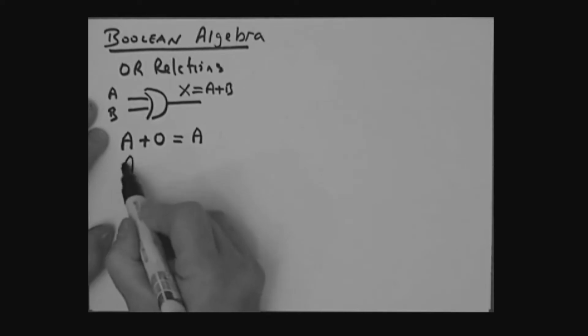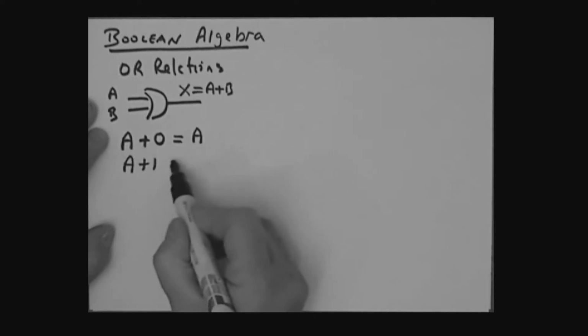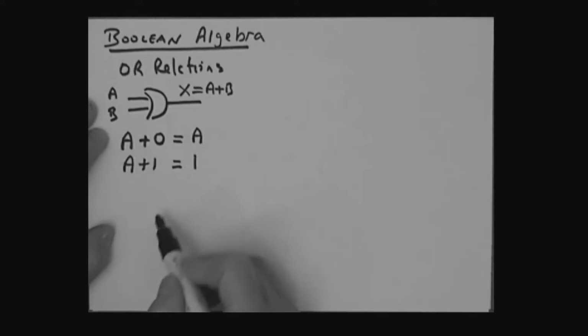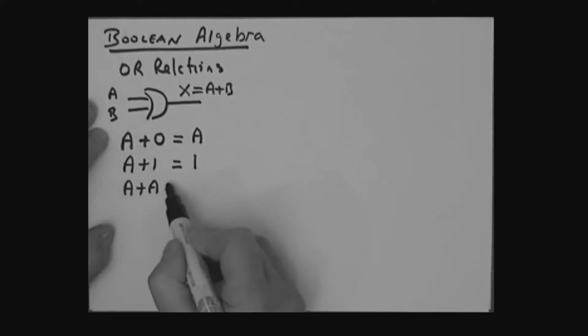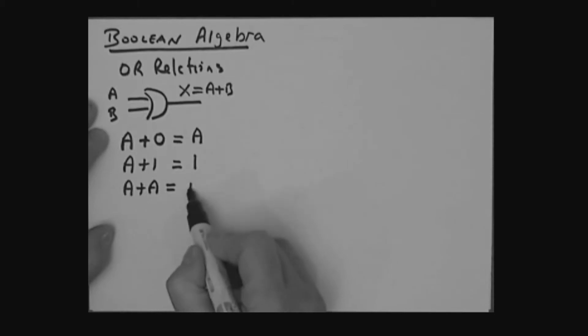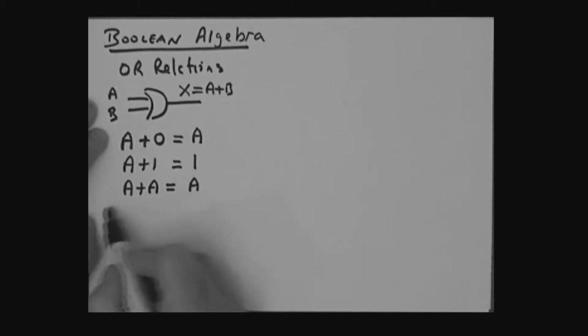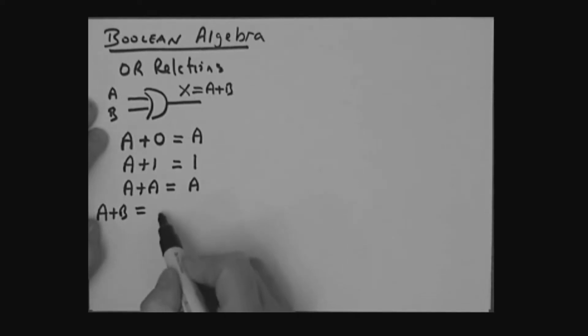If I have A or 1, it doesn't matter what A is, the result is 1. If I have A or A, the result is simply A. And if I have A or B, that's the same as B or A. Those are my OR relations.